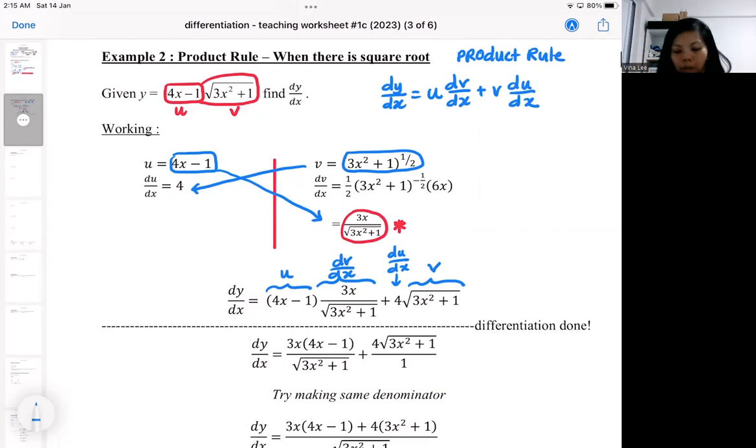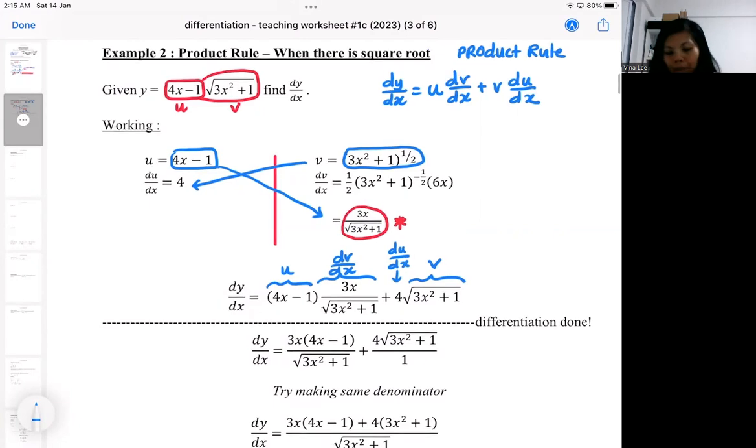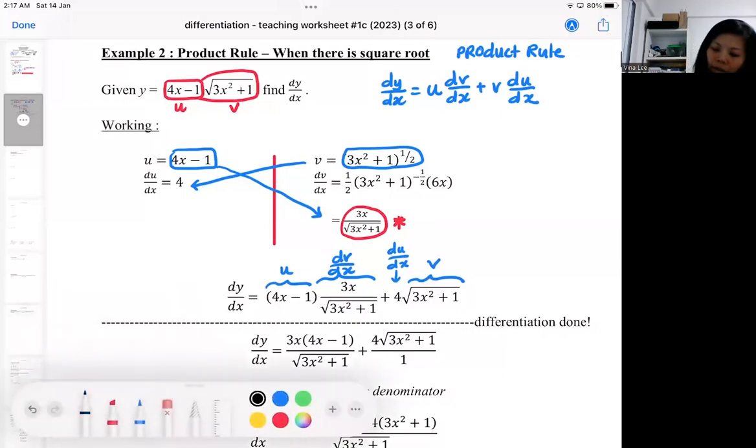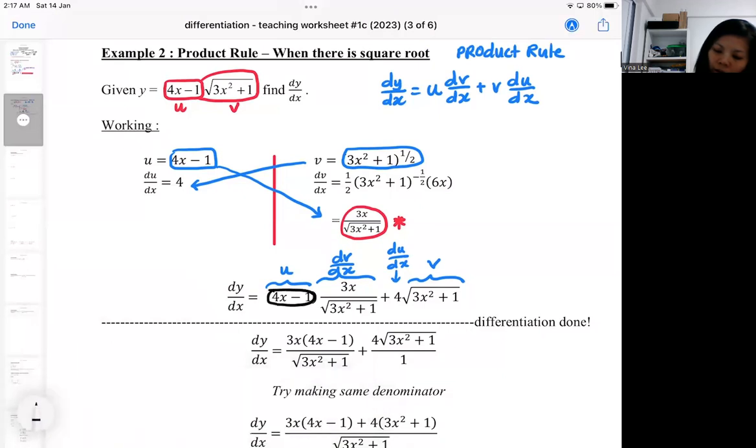So again, I put a dotted line for you. The differentiation is done already. So how are you going to simplify? Just now in the case with no square roots, you simplify by taking out the common factor. Here, we actually got a nice fraction. This function follows the numerator. And the other one that is not a fraction has the invisible denominator one.